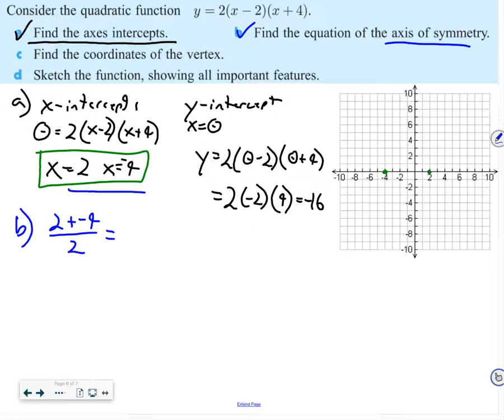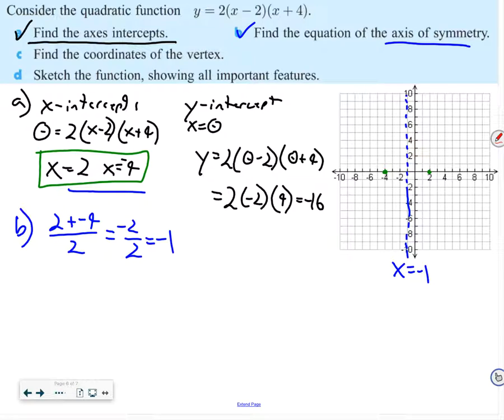So I get negative 2 divided by 2, which is equal to negative 1. So my axis of symmetry is negative 1, which looks correct on my graph. I got 3 over to the left and 3 over to my right for my intercepts. Now I want the equation of that line of symmetry. So this is x equals negative 1, not just the graph of it.